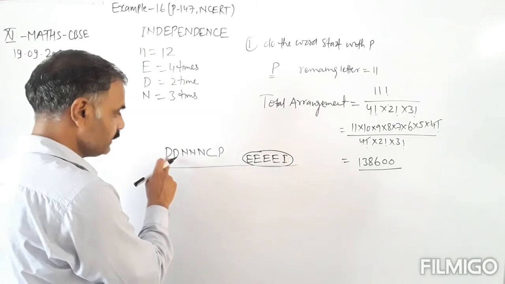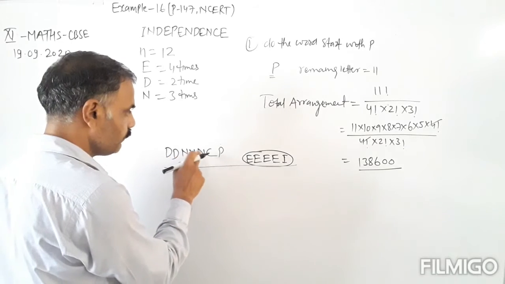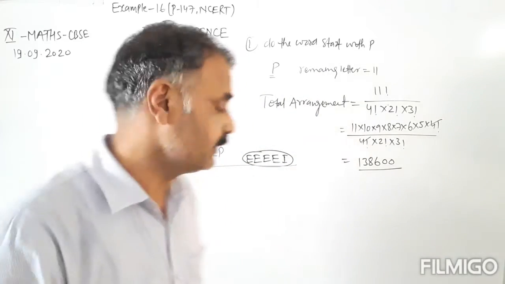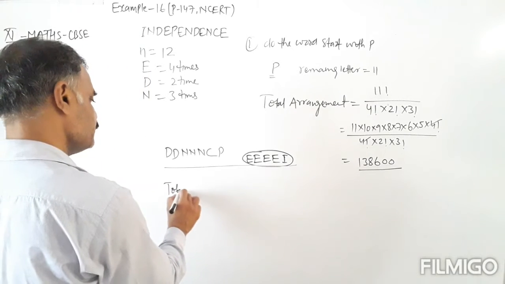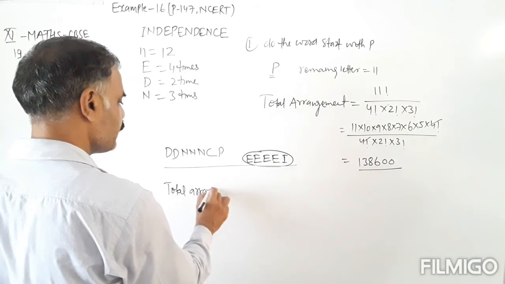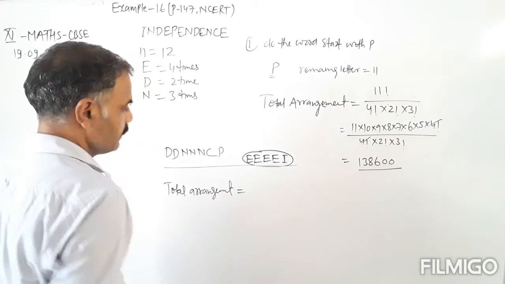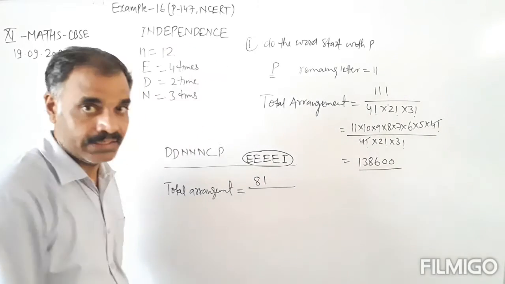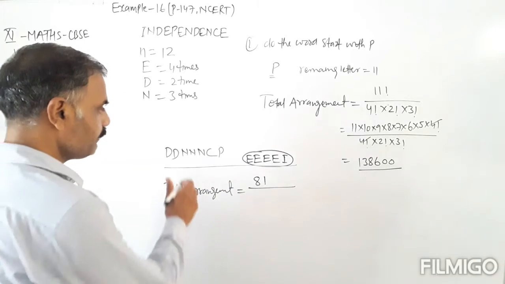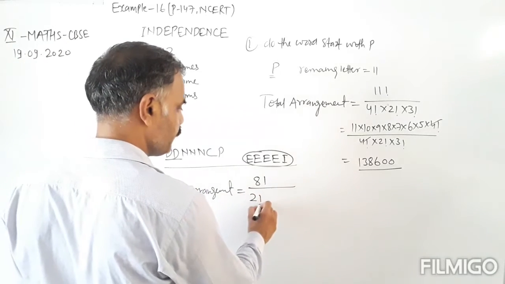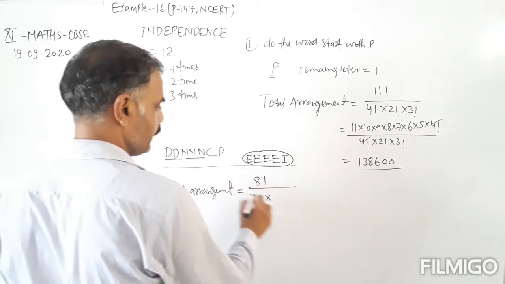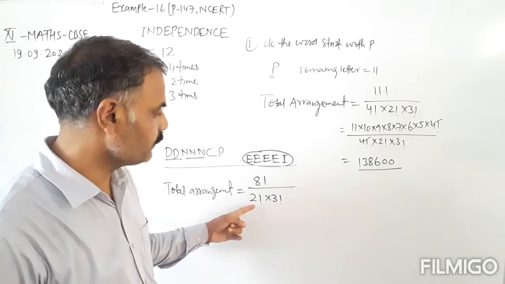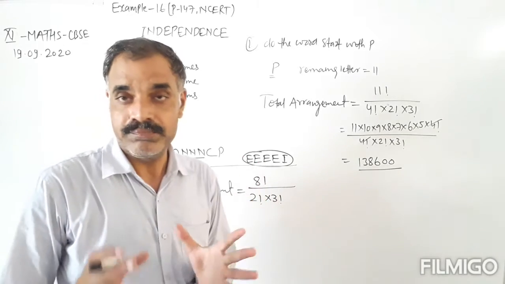So we have to arrange 8 letters. Total permutations are 8 factorial divided by 2 factorial for D repeating 2 times, and 3 factorial for N repeating 3 times.